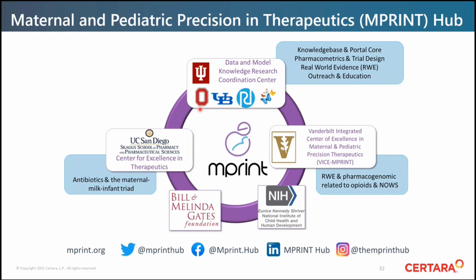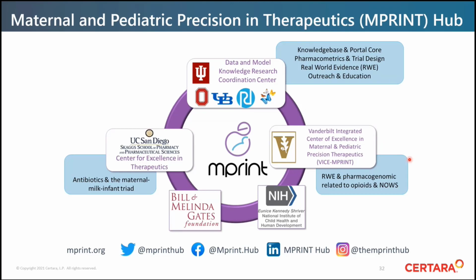The University of California, San Diego, and Vanderbilt University Medical Center have clinical centers of excellence in therapeutics, where they're doing some great research studies looking at antibiotics and the maternal milk infant triad, and real world evidence in pharmacokinetics related to opioids.